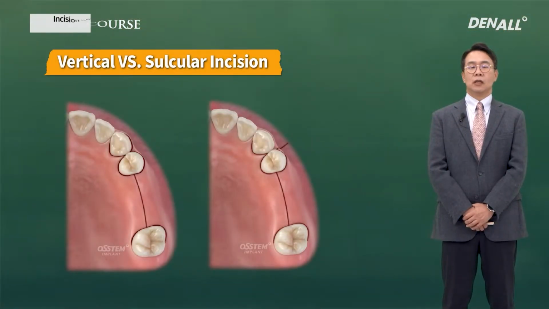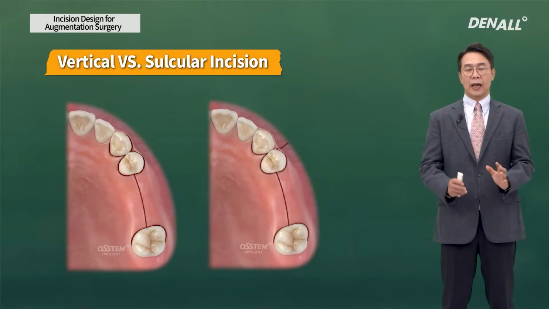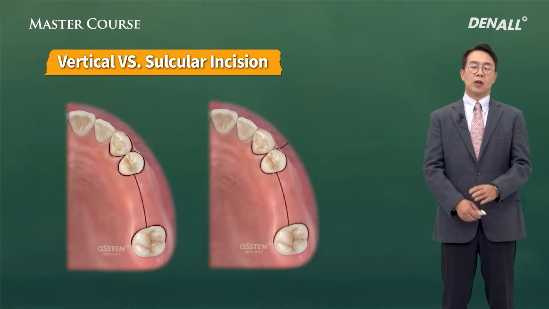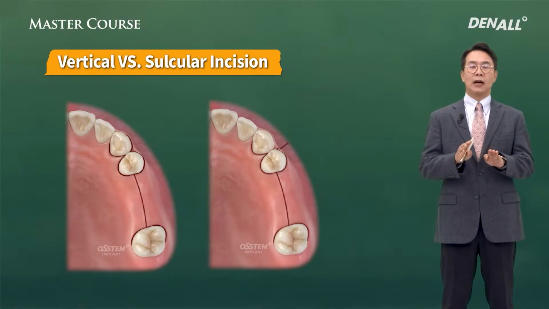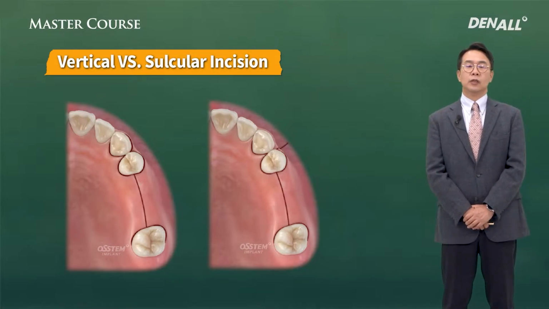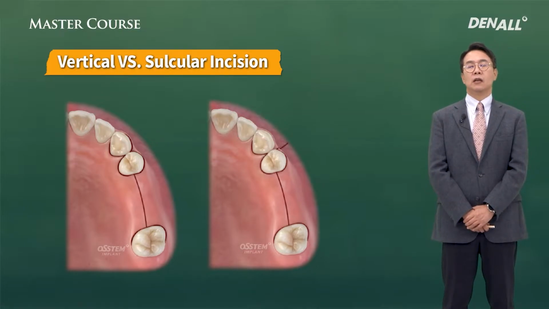Vertical incision is different from sulcular incision, which is generally used. The surgical field can be limited with the vertical incision, which is an advantage. The most challenging part when it comes to vertical incision is suturing, and it is difficult to adjust the margin of a flap that is dictated by incisions.